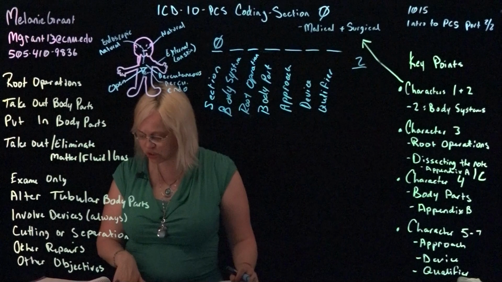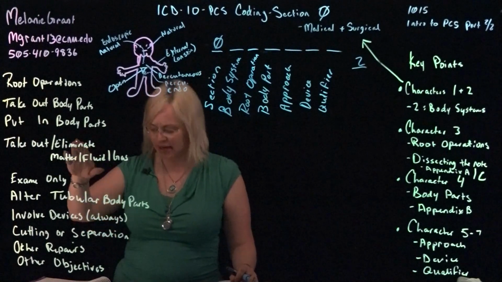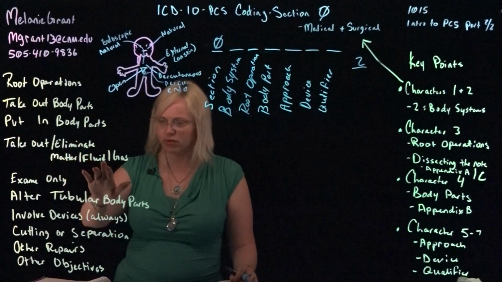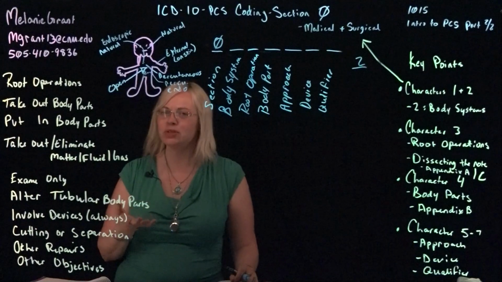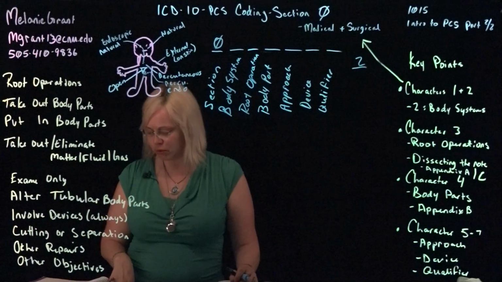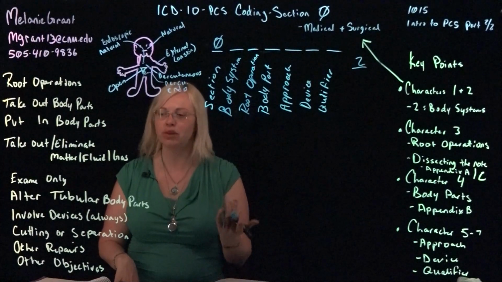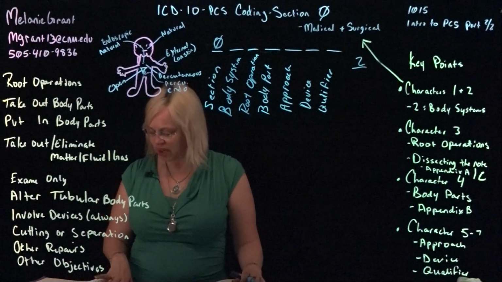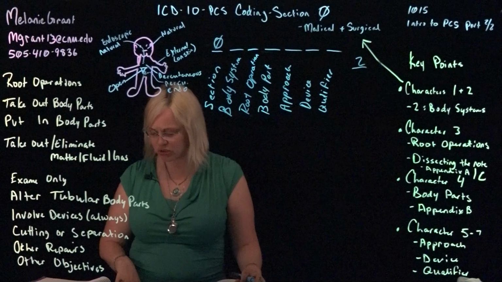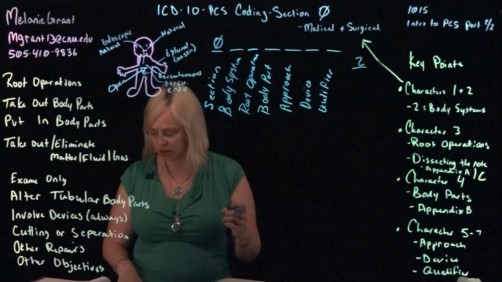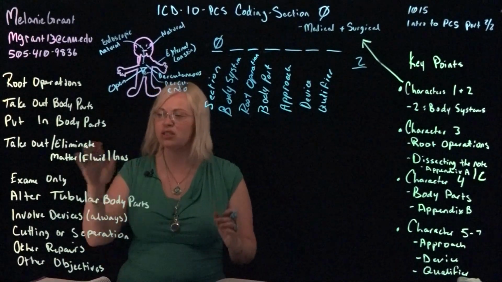Our next one are procedures that take out or eliminate solid matter, fluids, and gases. And these ones are pretty straightforward. We have root operations for drainage, which either takes out or lets out fluids and gases. We have root operations for extirpation, which either takes out or cuts out any kind of solid mass.